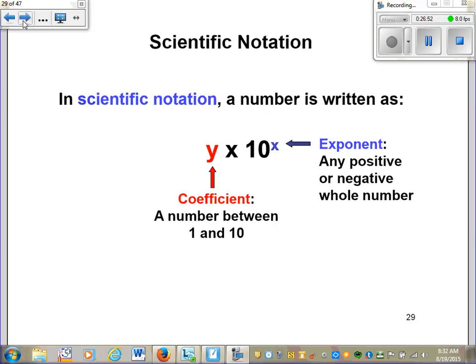Scientific notation. Used a lot. Science is why it's called scientific notation. It consists of a couple parts. We have a coefficient and an exponent. The coefficient is always a number between 1 and 10. The exponent can be any positive or negative whole number.